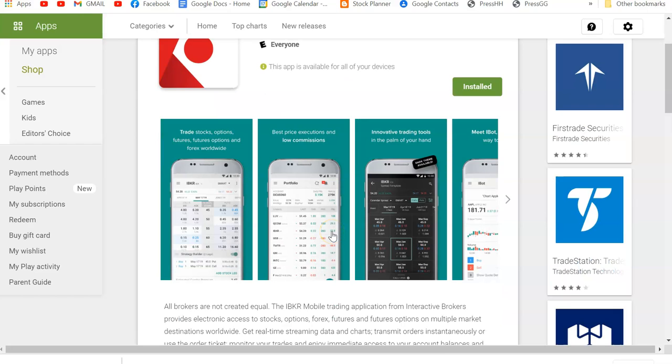This is very comparable to any other mobile app by any other stockbrokers. Very easy to use. The desktop is harder, and the mobile app is easy. And the advantage of Interactive Brokers is that it's a discount broker and can be used worldwide when you travel.